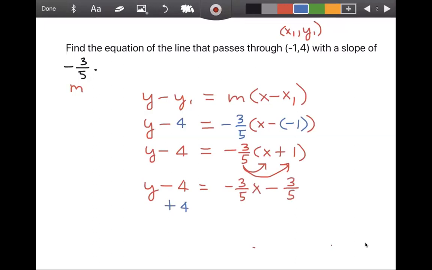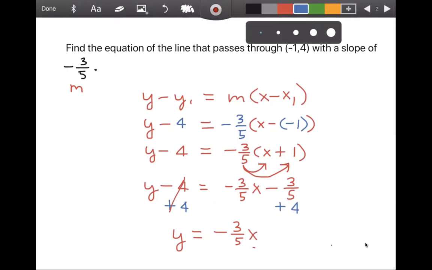This is where some people get a little confused. I know fractions are not everybody's favorite thing. Okay, I have y equals negative 3/5 x, and now I have to add negative 3/5 plus 4. Just like when you add any fractions, you need a common denominator.